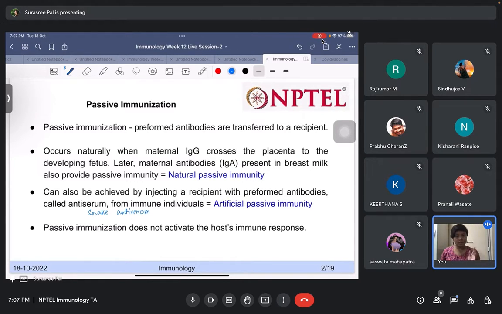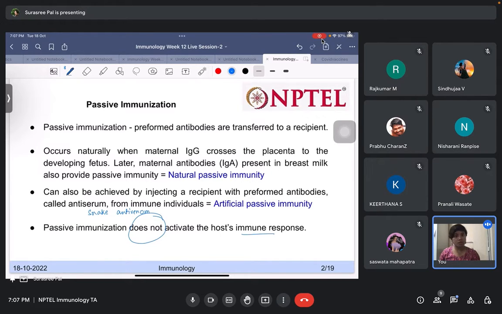The most important point here is that passive immunization does not activate the host's immune response. Why? Because the host is receiving antibodies which can quickly neutralize the toxin, the venom or any other antigen. Therefore there is no need for the immune system to produce B cells, and the humoral arm of immunity is not activated, right?